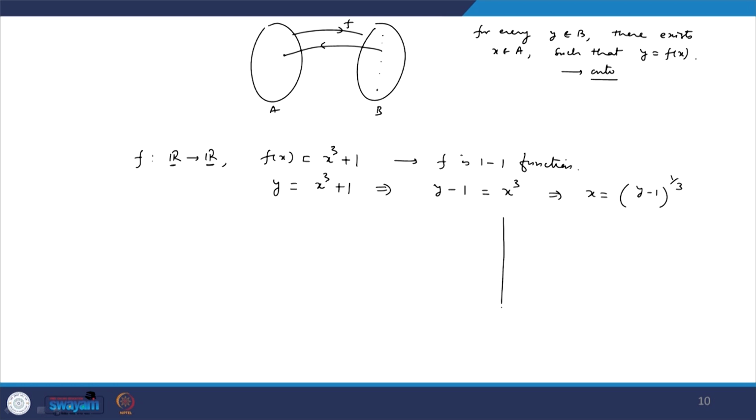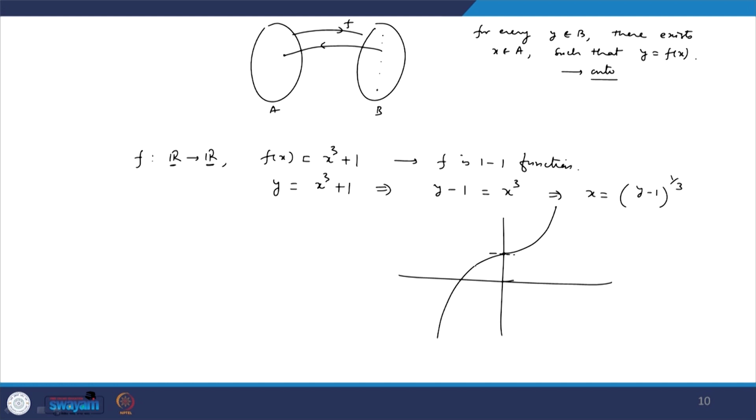You can see graphically also. If you draw the graph of this function, when x is 0 it is 1, and it goes like this. Now, when you draw a line parallel to the x axis anywhere, you will have only one point. For every x there will be only one y.